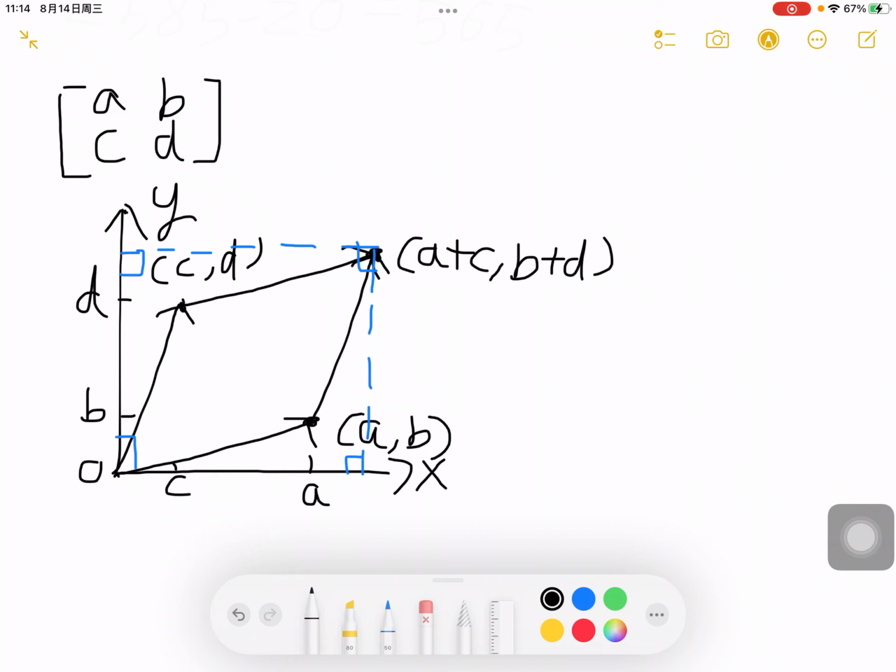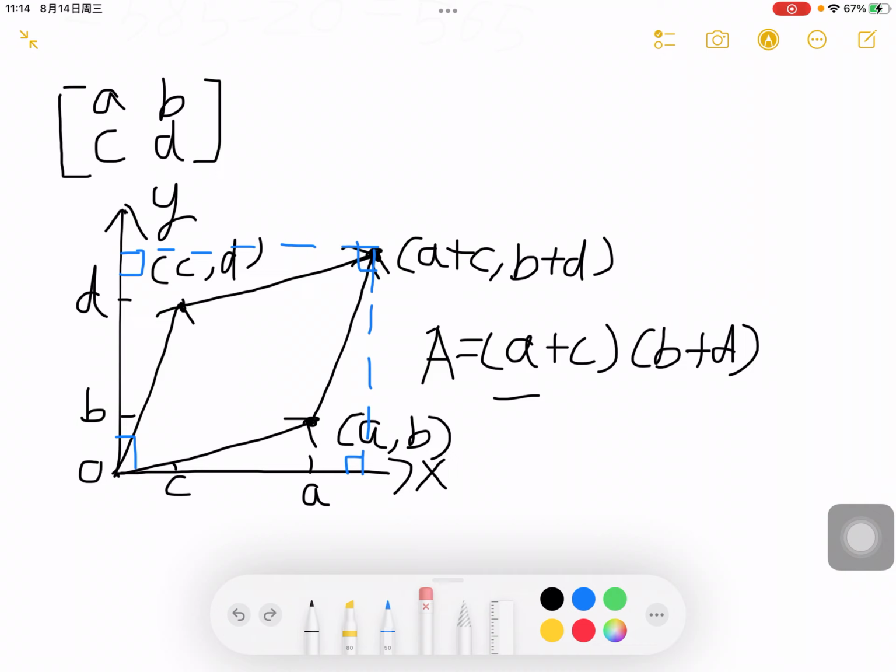Okay, so let's figure out the area of this rectangle. Well, that's easy. It's just A plus C times B plus D, because this is one of the vertices, and A plus C is the width, B plus D is the length. So we have to subtract this by a few things. Let's split the remaining areas that we don't want up, so that we know what we're trying to figure out.